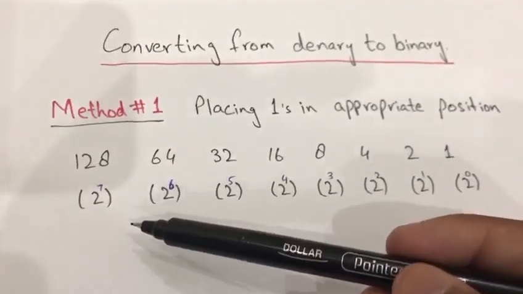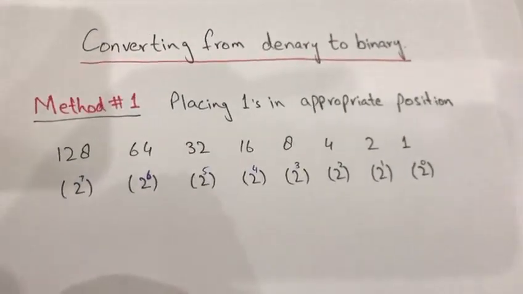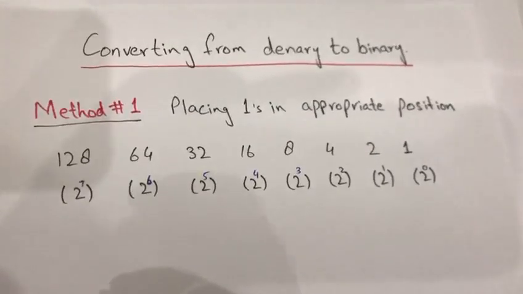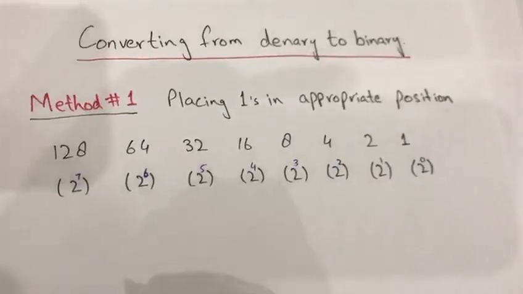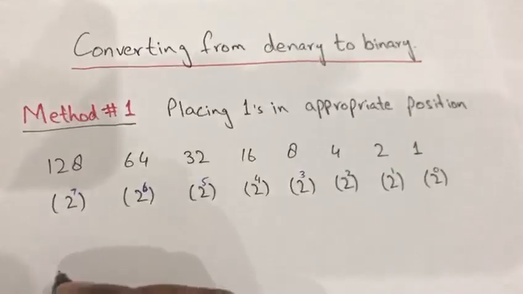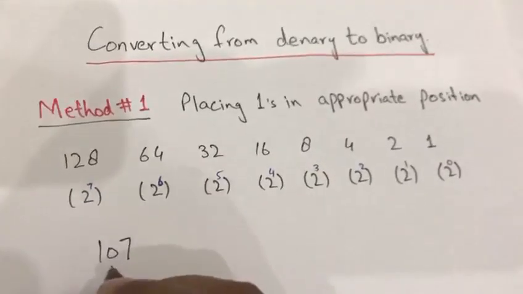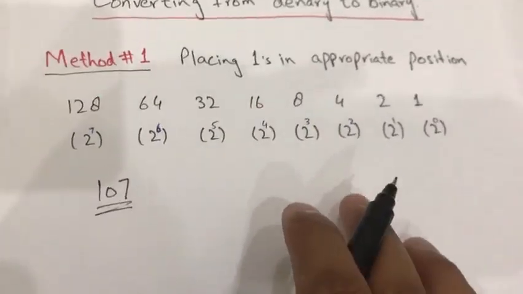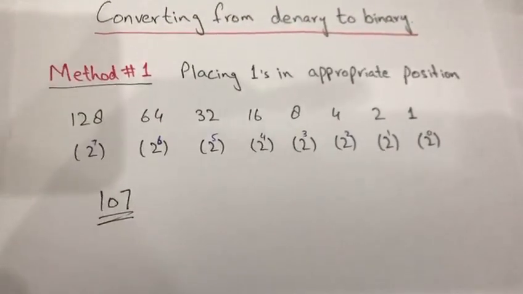So, taking an example which is also given in your Cambridge Computer Science book, the denary number is 107. We will convert 107 into a binary number.